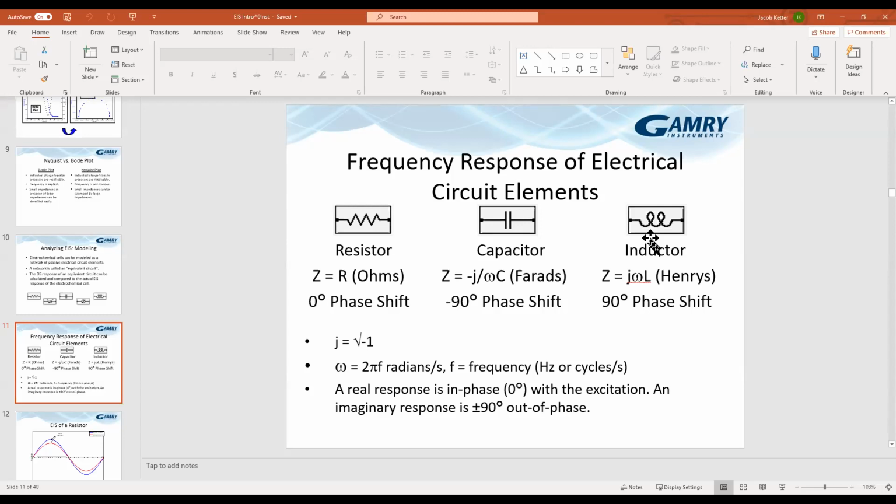What happens is when you have species that adsorb onto the surface of the electrode, when they desorb, they change the capacitance of that electrode. So when they're adsorbing and desorbing, and you see this at low frequencies, when they get driven off, all of a sudden the capacitance jumps up, and that looks like a negative shift, and that models like an inductor at low frequencies. So it's an adsorption effect when it is real.